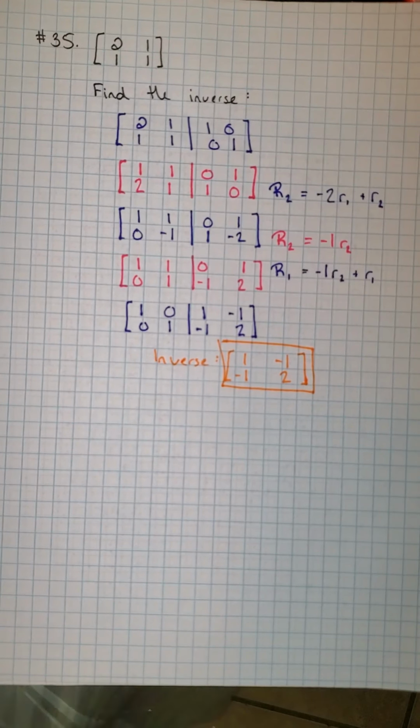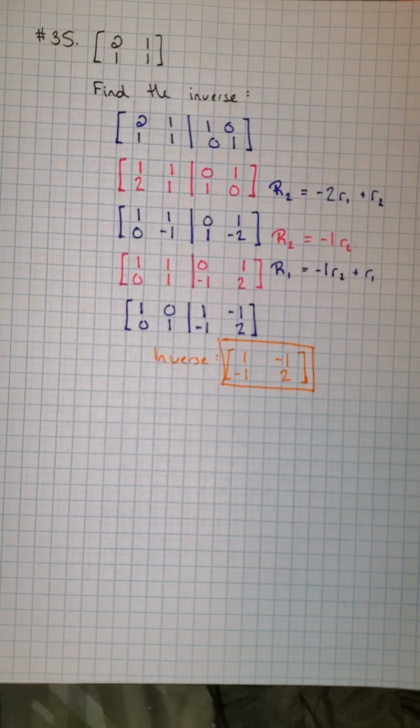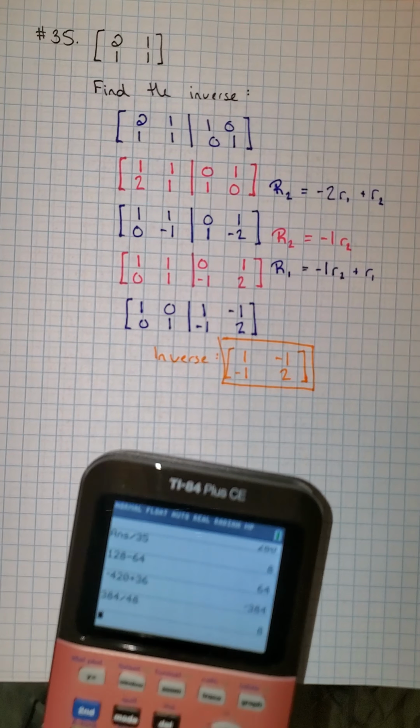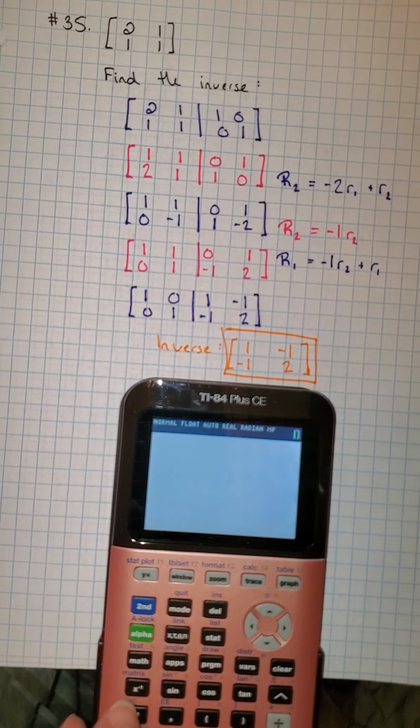Okay, I want to show you how to do it on the calculator real quick, but I gotta get the calculator. Okay, so if I were to do this on the calculator, you know what, I have all those matrices we worked on before in here.